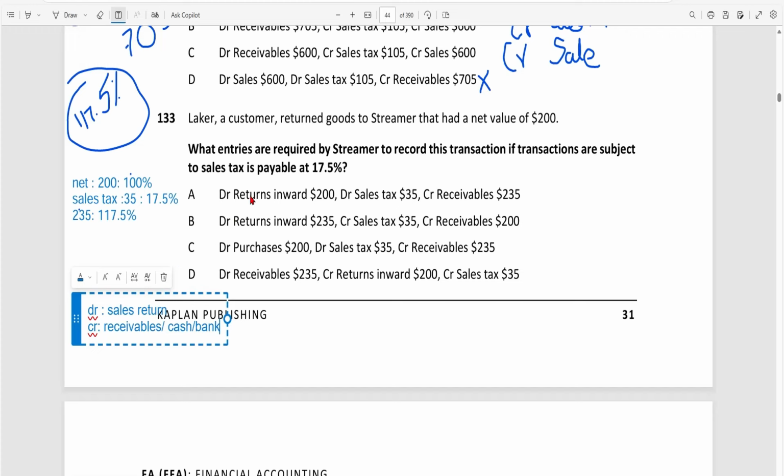Okay, if we look at the four options, only two options have a debit to return inward, meaning debit sales return. So two options are already eliminated, right? Now out of the first and second, we again need to figure out the answer. The sales tax amount is the same, no issue, but we need to figure out the amount of either return inward or receivable.